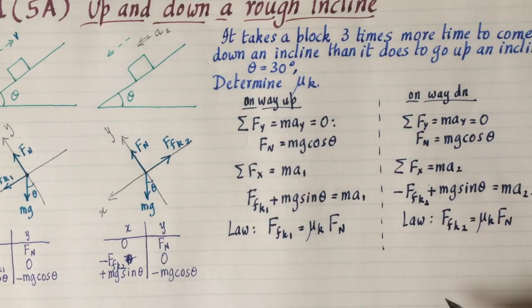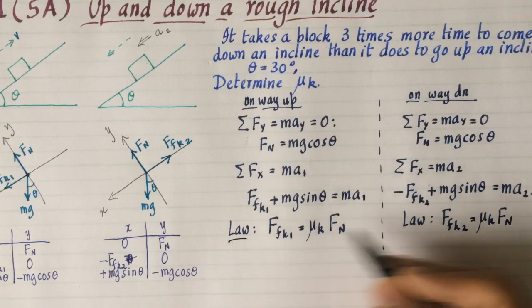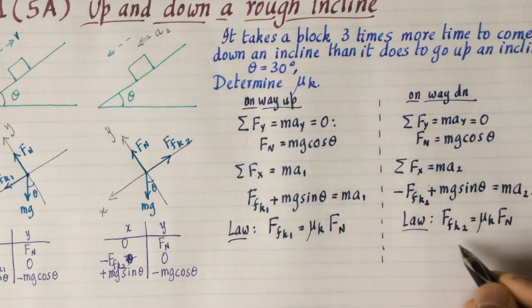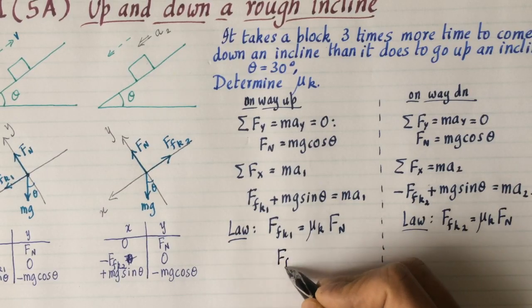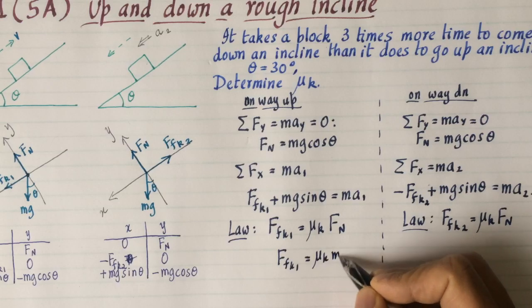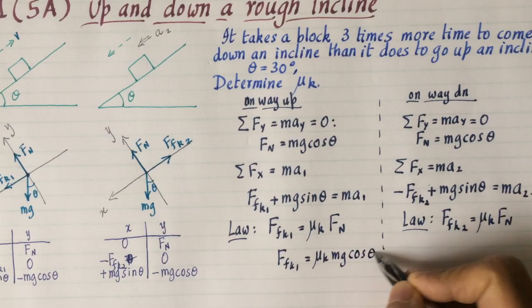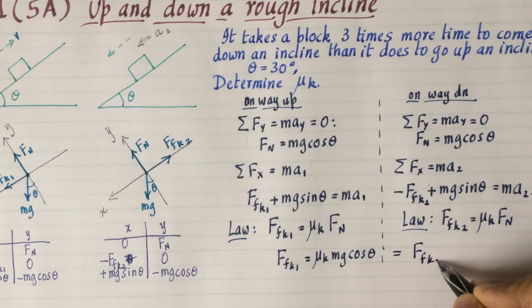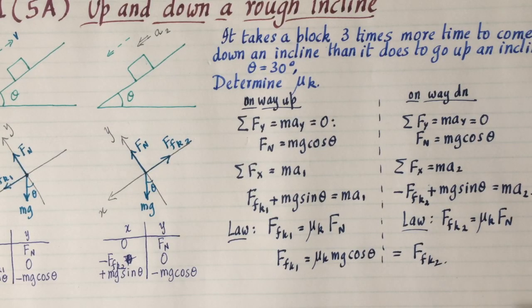It looks like the force of friction is going to be the same for both the up and the down phases. And so I'll just write one equation. Ffk1 is equal to mu k times mg cosine theta, and that's also going to be equal to Ffk2.